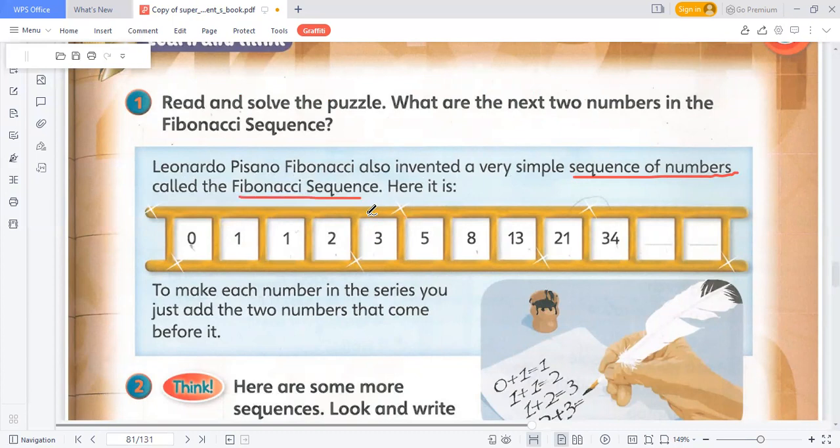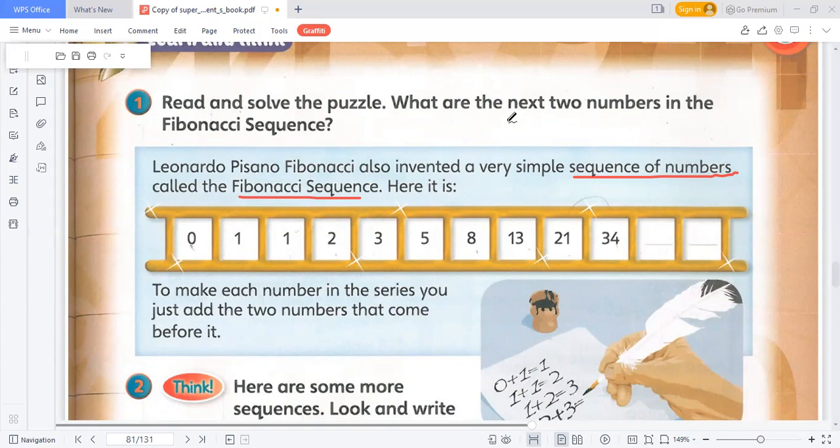Fibonacci sequence. I'm going to write it down so you could also have the idea of how to spell the word. Fibonacci sequence. There you go.